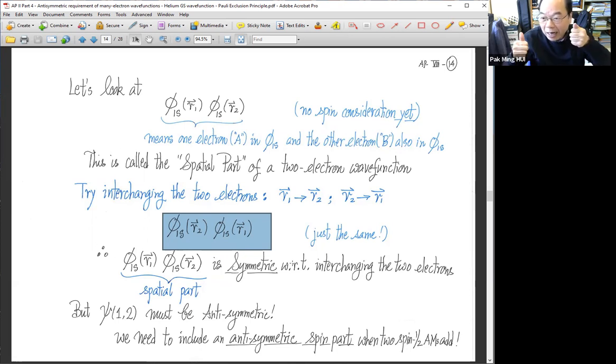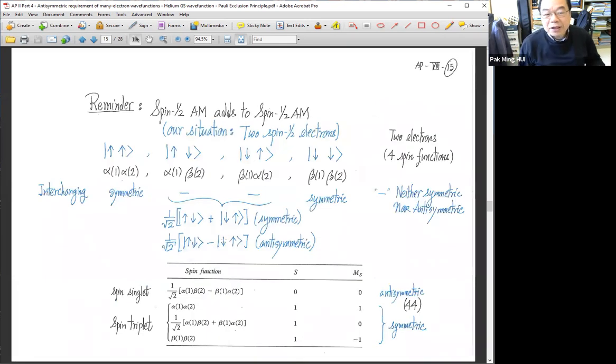That is to say, how we can add two spin halves from the electrons. We learned that; this is just a reminder. We did that two weeks ago, in the general angular momentum discussion. So for two electrons, we have two spin halves, and thereby we have four situations.